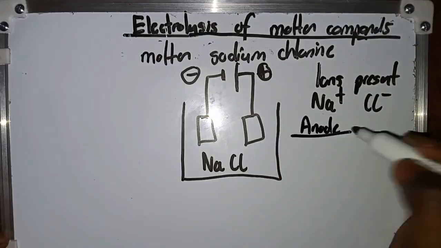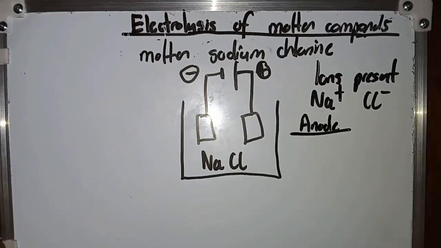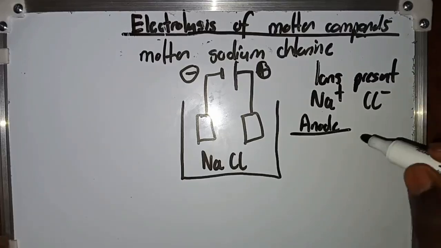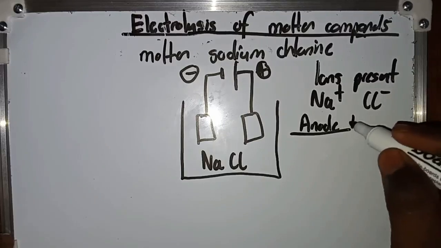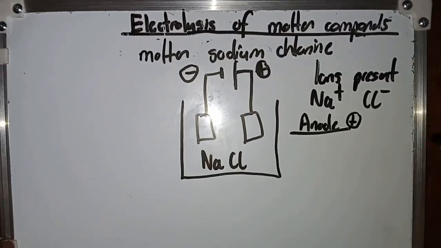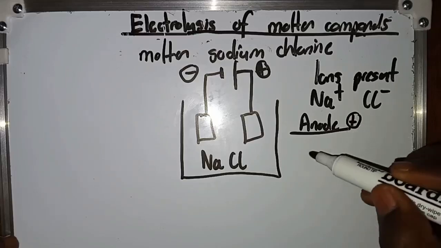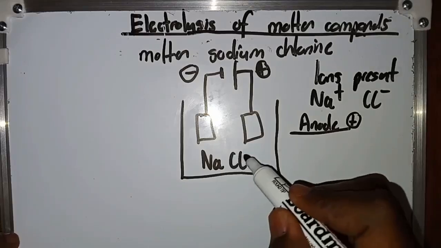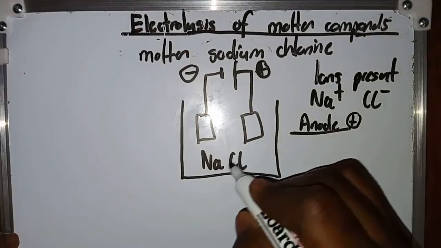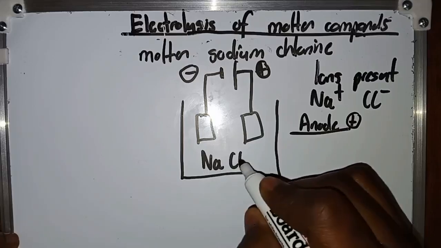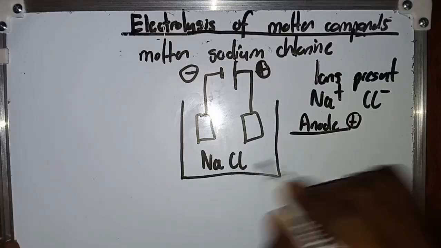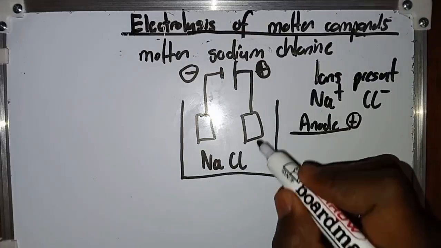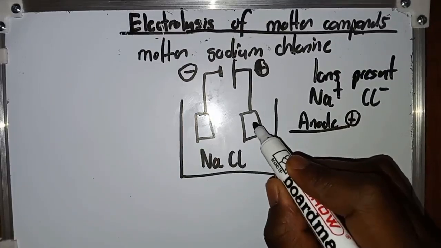We are now writing the equations for them. The anode is the positive electrode, so what is attracted to it is the negative ion, meaning the Cl minus coming from sodium chloride. The Cl minus is attracted to the positive electrode.